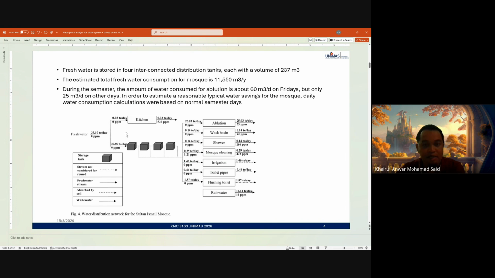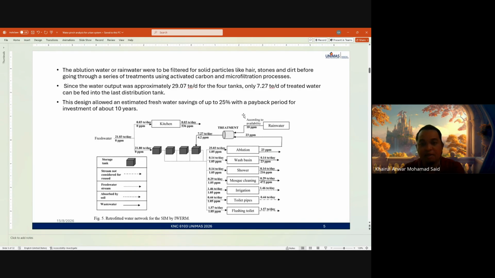Any inlet is the water demand. So here and here, all of this is the water demand. Water source is after the use.